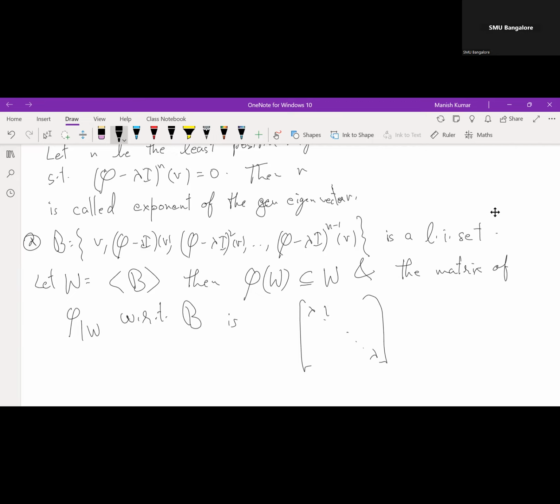It will be this Jordan matrix. So somehow in each of these V lambdas we will produce bases like this, and then we'll produce linearly independent sets like this, and we'll get Jordan blocks.